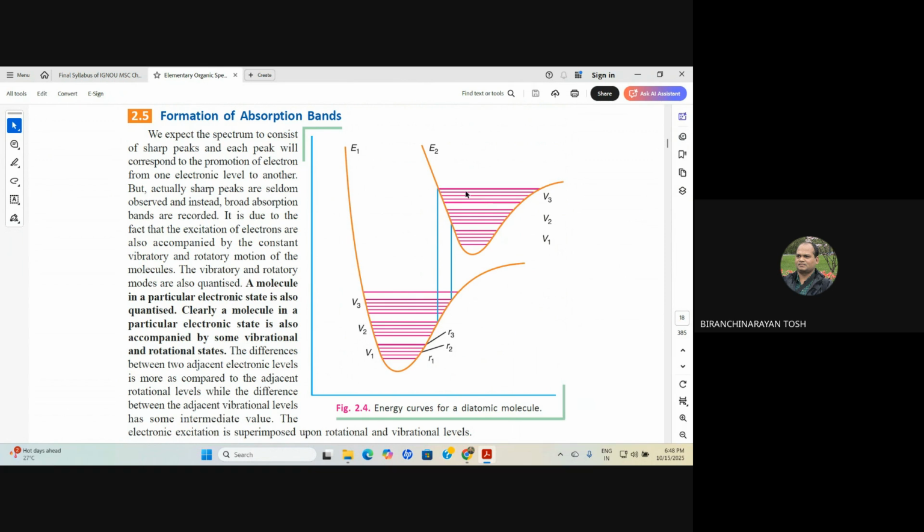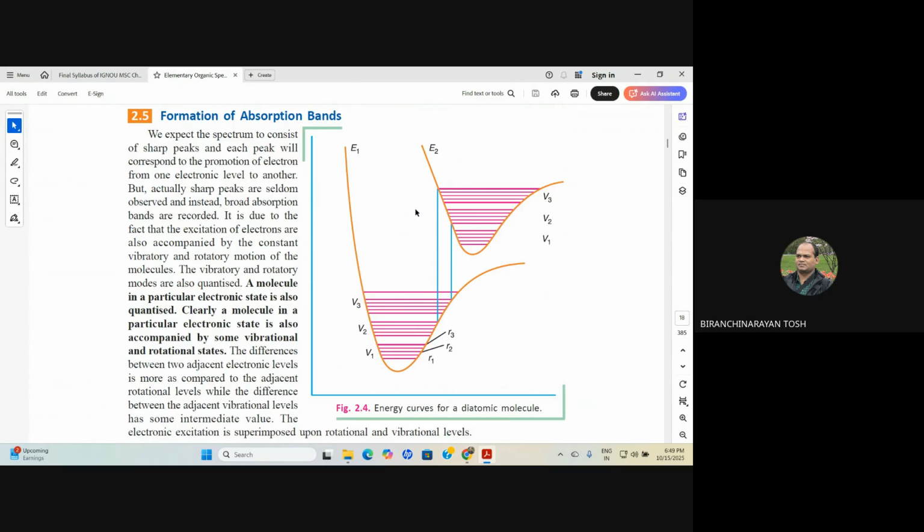It can be represented, though the shape is different, because this is in the case of molecular orbital theory. If this is the energy level diagram of the bonding molecular orbital, then the antibonding molecular orbital diagram will be like this, what the cursor is showing, not like what we have shown here.